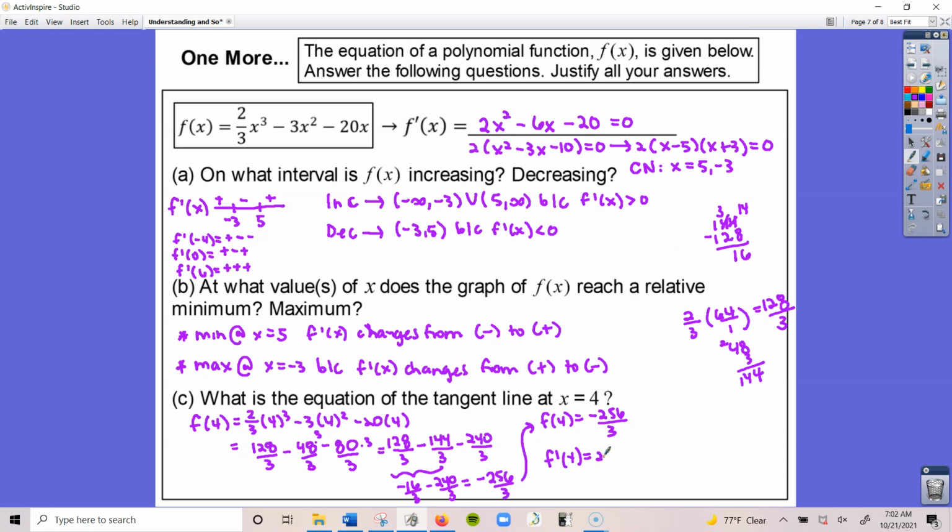So that would be 2 times 4 minus 5 times 4 plus 3, which is going to equal 2 times negative 1 times 7, which gives me negative 14. So now that I have my slope and I have my point of tangency, I can write the equation of that tangent line, which would be y plus 256 over 3 is going to equal negative 14 times x minus 4.